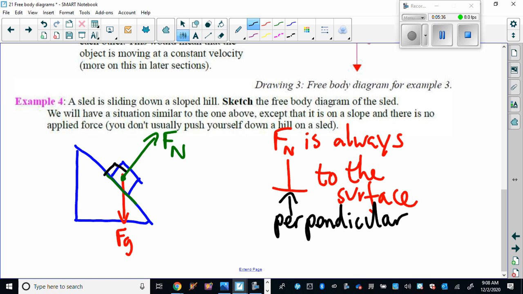Okay, now what other forces are acting on this? Well, we are going to assume that you just put the box on the slope and it's going down. So what's pulling it down the hill? That's an applied force, but unless you're actually pushing with your hand, in this case, it's actually a component of gravity.